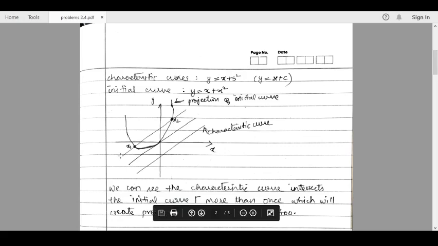Okay, so if we consider x less than or equal to 0 also with x greater than 0, then it will create a problem and we will not get a unique solution. If you take only x greater than 0, then no problem. We have a unique solution as we did in the last problem.